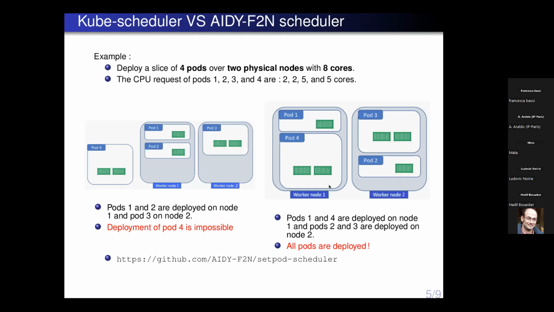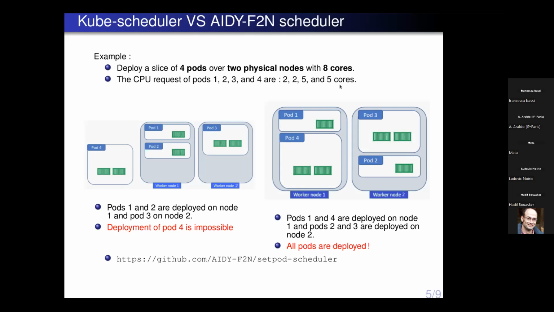Let's take this example. You have a slice or an application which consists of 4 pods, and you have 2 physical nodes. The capacity of each node is 8 cores, I'm talking about the CPU. The CPU request of each pod, from 1 to 4, is 2 cores for the first 2 pods, and 5 for the 2 other pods.